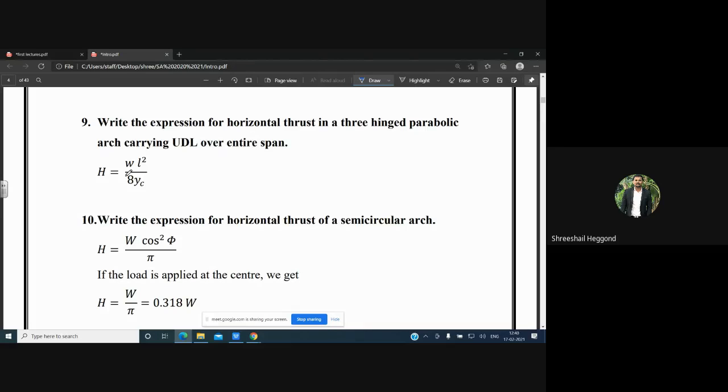We'll be solving some numericals on the three-hinged arch also, so that we can understand completely how we need to resolve three-hinged arches.